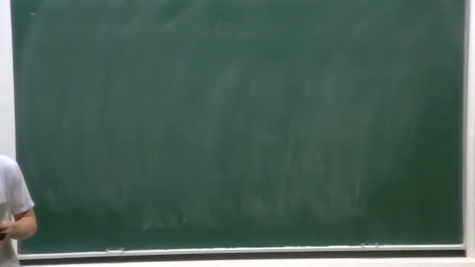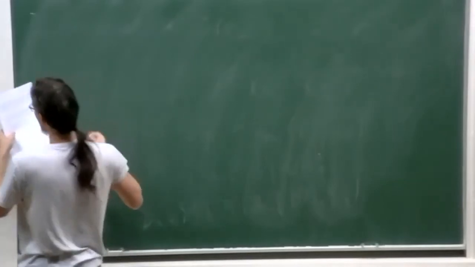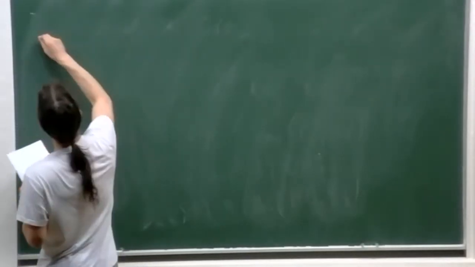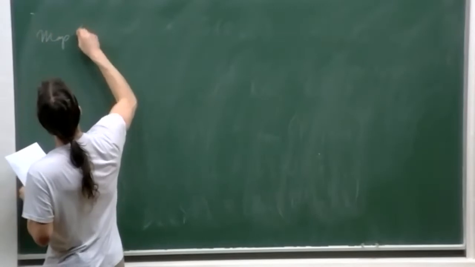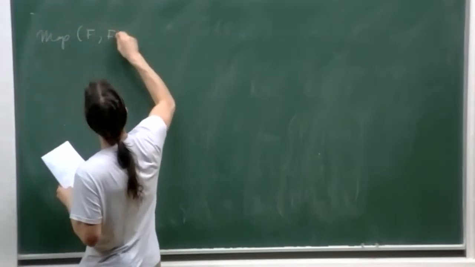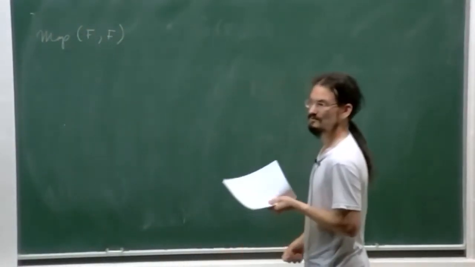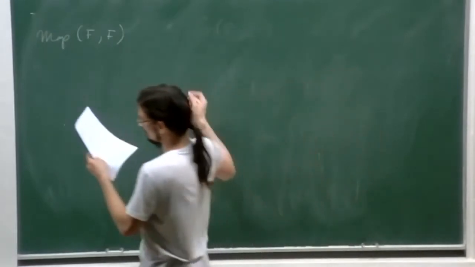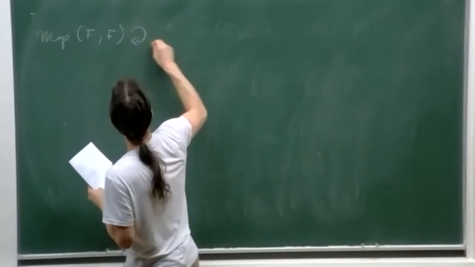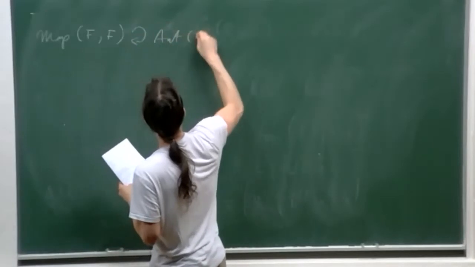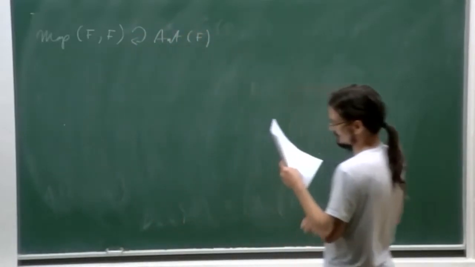So the important point here is that you've got the endomorphism simplicial set of F, and the automorphism simplicial group, of course, has a right action on it.